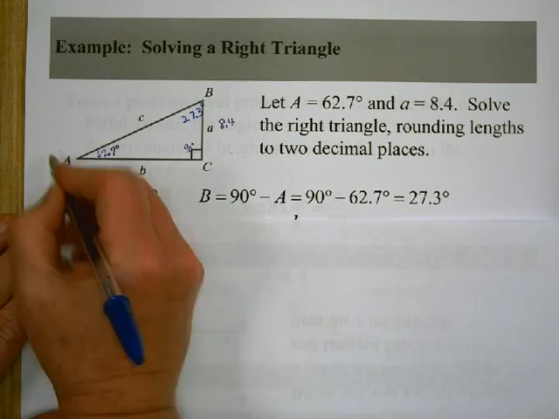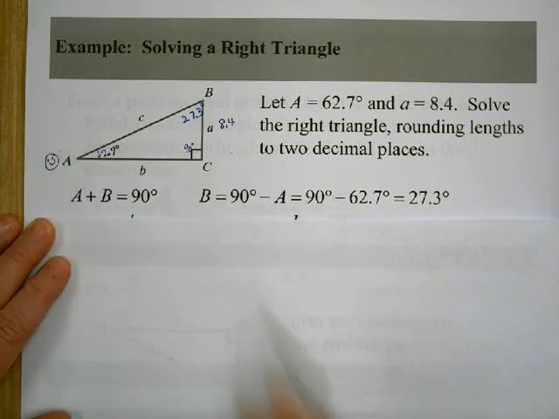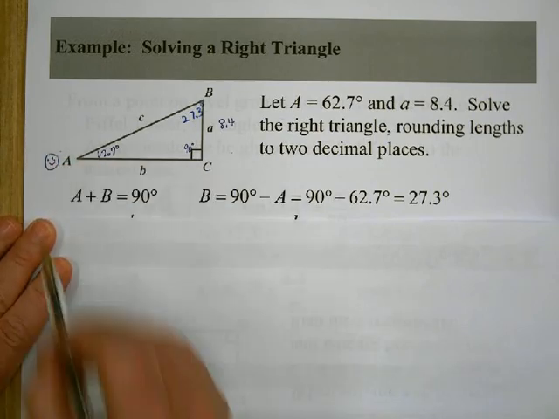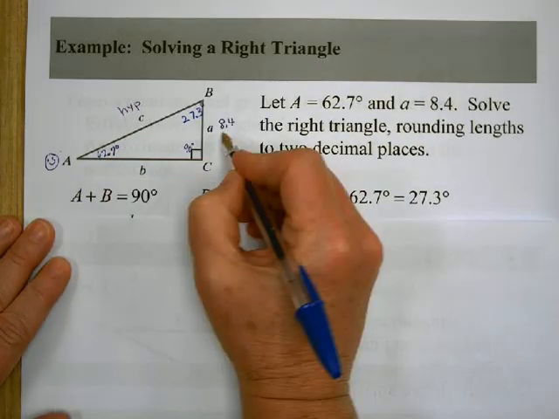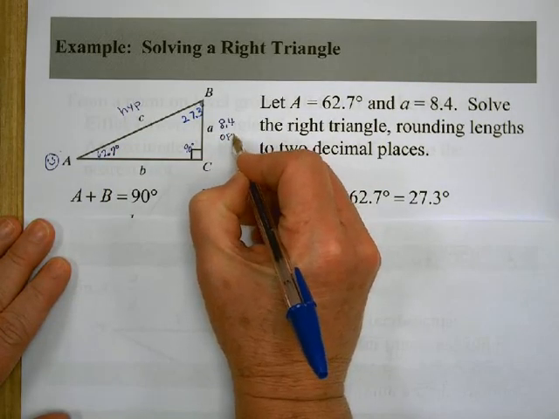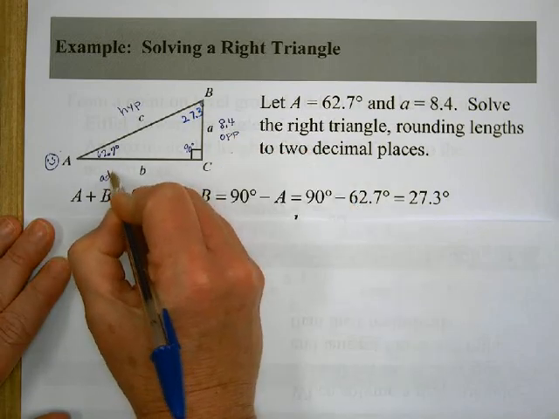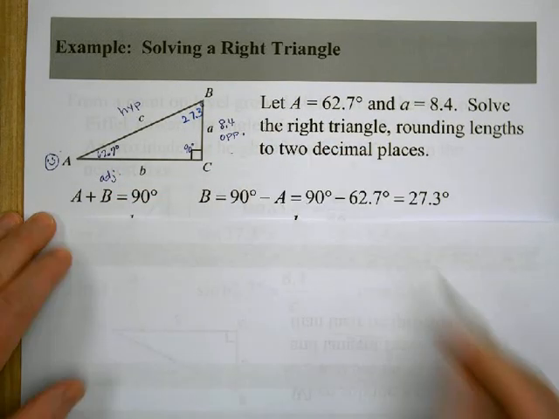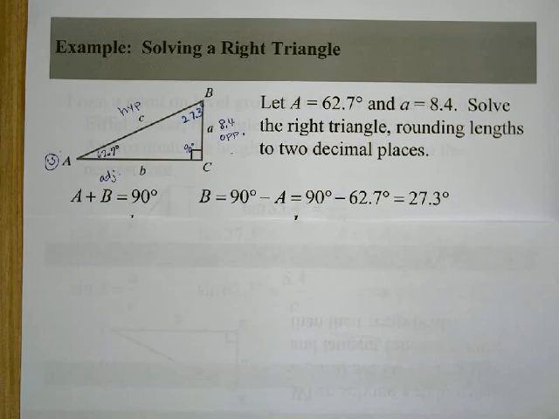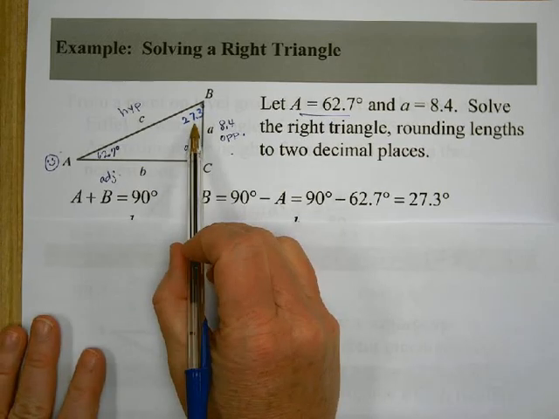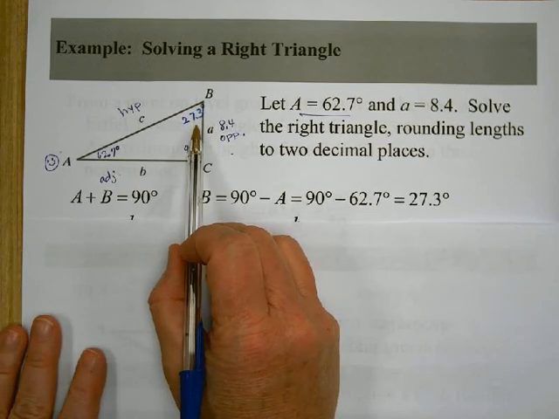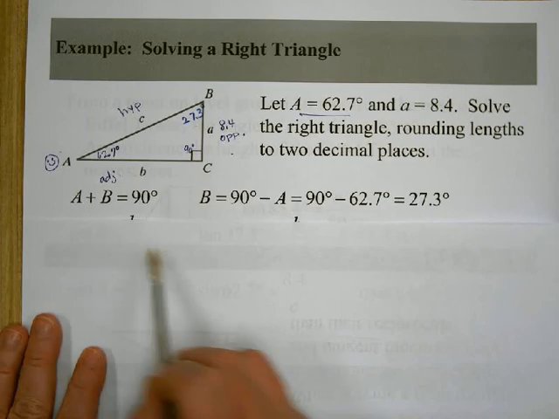So I'm going to put a smiley face over here at A, and I'm going to be standing at A. If I'm standing at A, of course this is always my hypotenuse, then that makes this my opposite side and this my adjacent side. I chose angle A to put my smiley face at because it's an angle value that they gave me. I'm the one that calculated the measure for angle B, and if I made some kind of mistake, I don't want it to follow me through the problem.